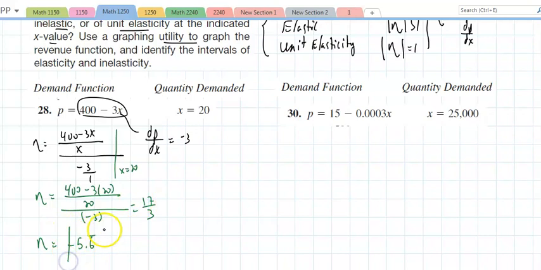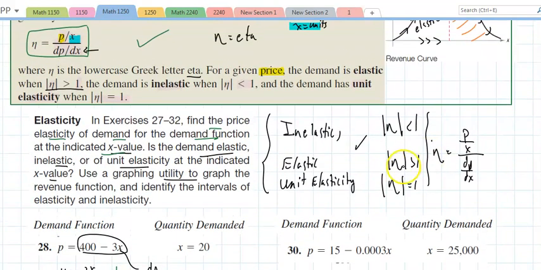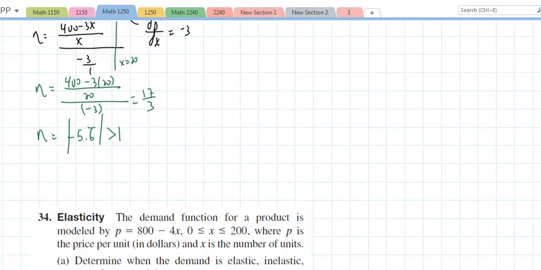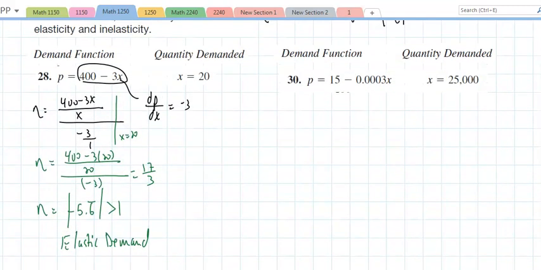In absolute value, that's bigger than 1. And if it's bigger than 1, we agreed that's elastic. We have an elastic demand, which means if you increase the price, the demand will go up, and vice versa. So this does get affected.